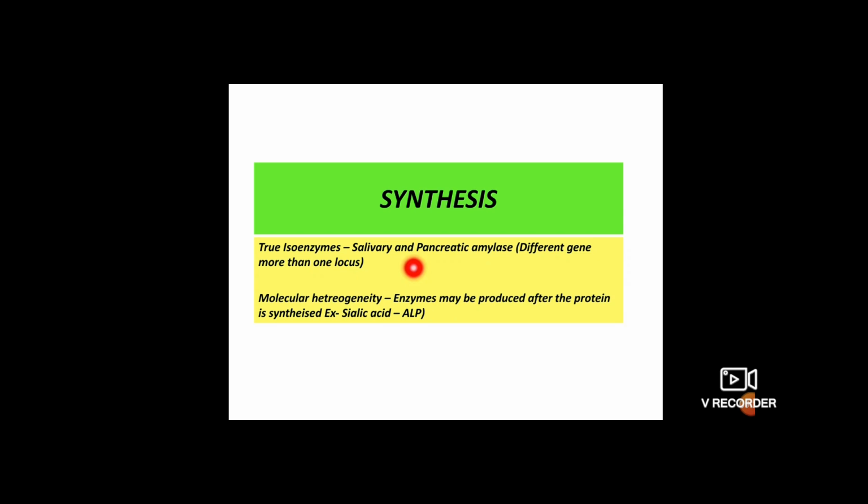So there is a simple way of synthesis as well as a complex one. Synthesis definitely depends on the gene where it is located, for example pancreas, saliva, liver, kidney. The place which carries a gene will produce that protein. So synthesis may be simple or complex. Complex means additional compounds will be attached in the post-translation step. This is the synthesis of enzymes I wanted to express.